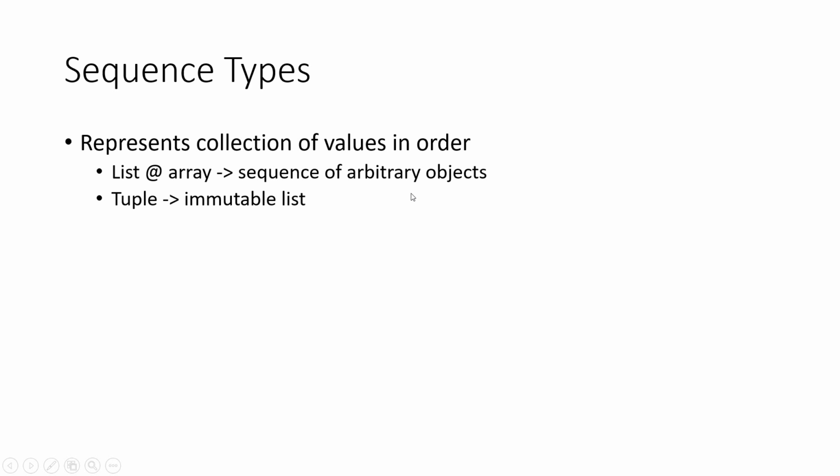Then we also have a tuple. A tuple is an immutable version of a list, and then finally we have string. String is basically a sequence of immutable text characters. So in this video we are going to discuss in more detail the string sequence type in Python.